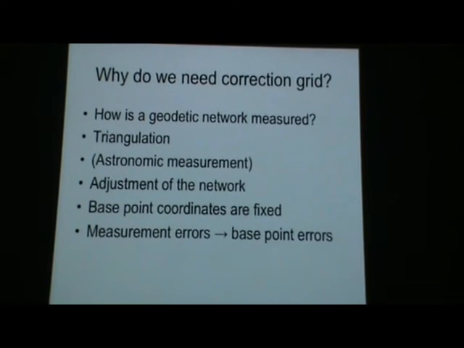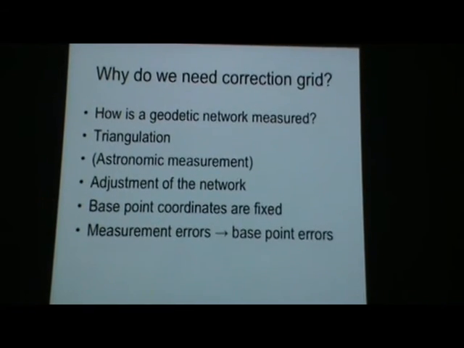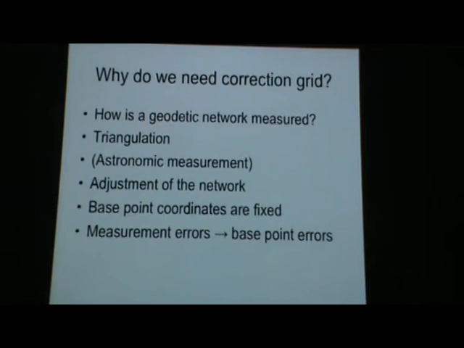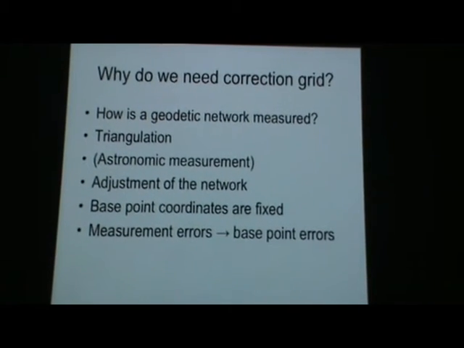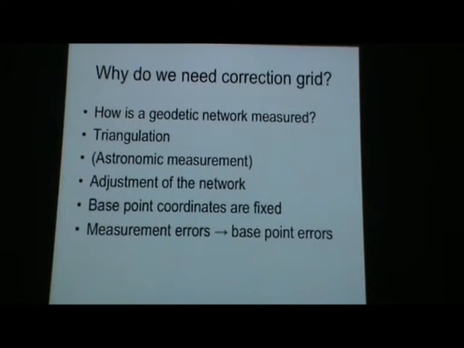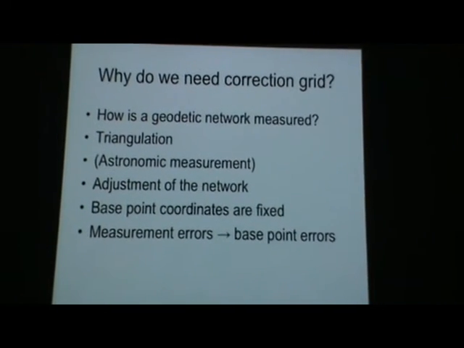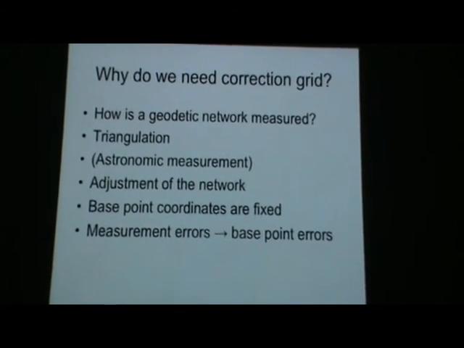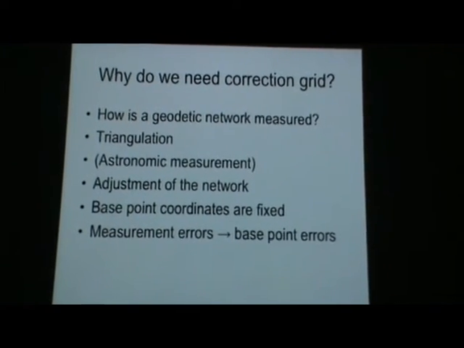It's a least squares adjustment, and the outcome of this adjustment is the ellipsoid coordinates of that network. But these ellipsoid coordinates are similar to the astronomical coordinates of the base points, but only on this area of the Earth's surface. So this adjustment is somehow local, and this is the problem.